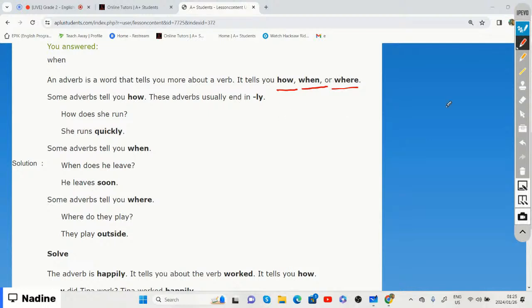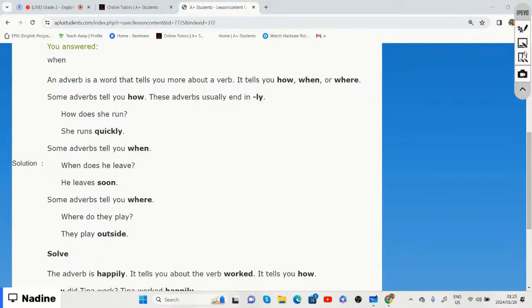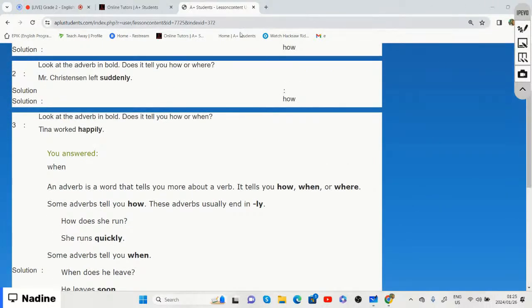All right. So here it says, look at the adverb in bold. Does it tell you how or does it tell you where? Mr. Christensen left suddenly.